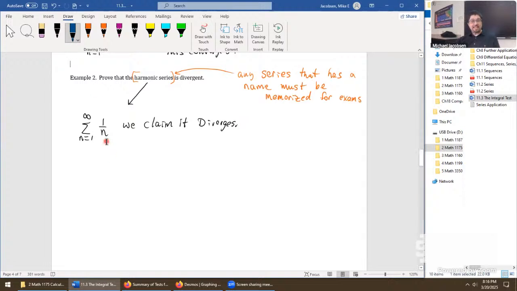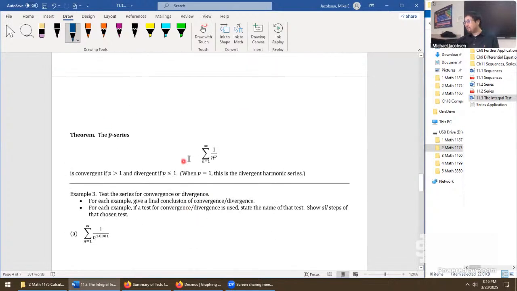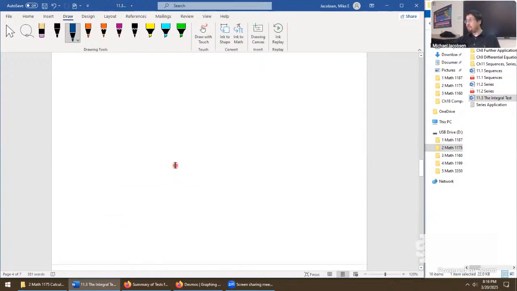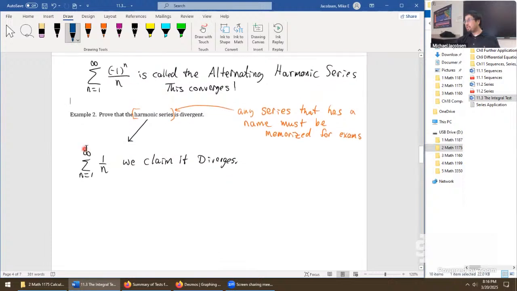Not exactly easy to test until we have the p-series test. This resolves it. Our author proves the whole p-series test by using the integral test in multiple different cases, depending on what the value of p is. So it's a pretty long example and derivation. We're just going to do it for one case. Power is 1, making it the harmonic series.